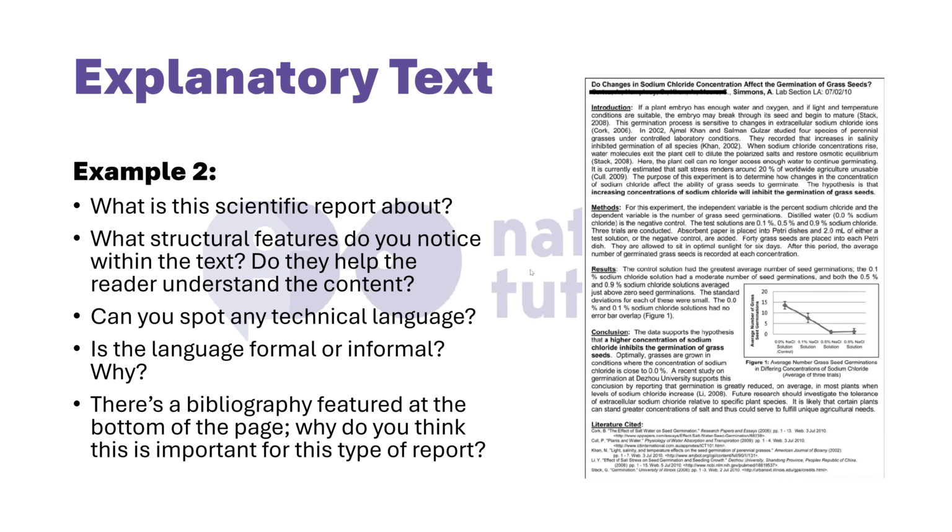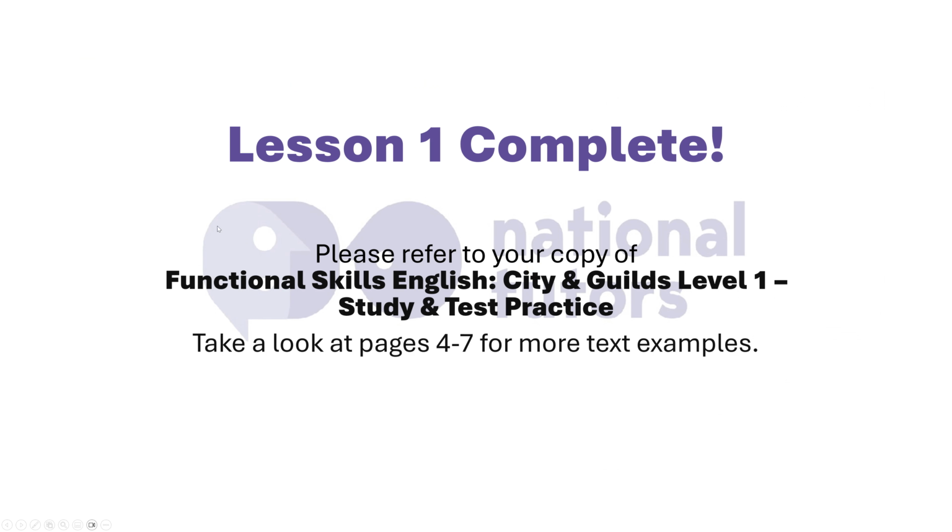So, as far as being an explanatory text goes, this is clearly explaining the steps this scientist took to plan, prepare, conduct, and conclude from their experiment about grass seeds. And that's it. Those are the 6 kinds of texts that you are likely to come across in your functional skills course.